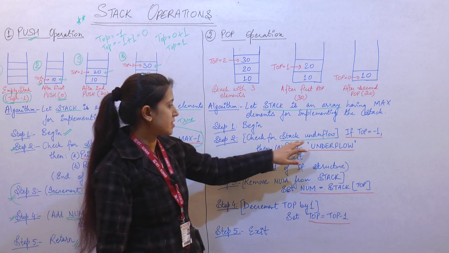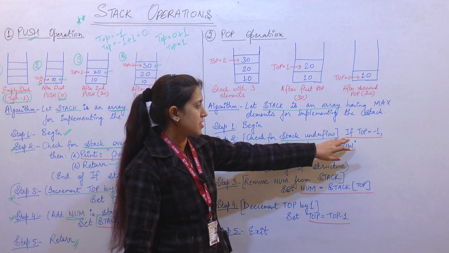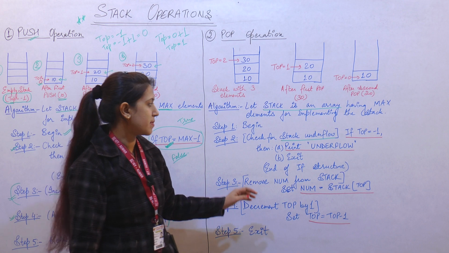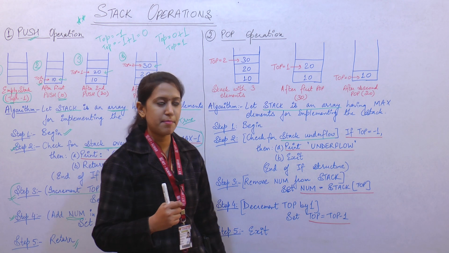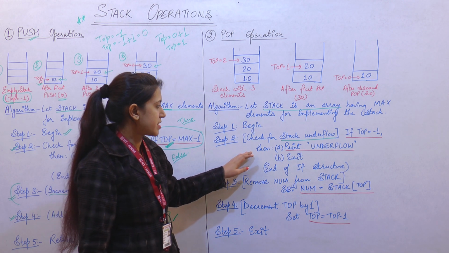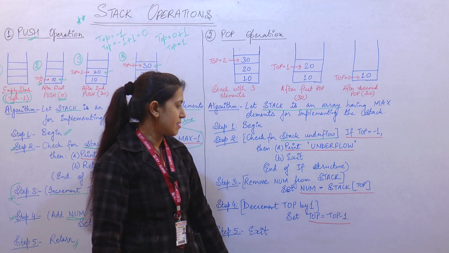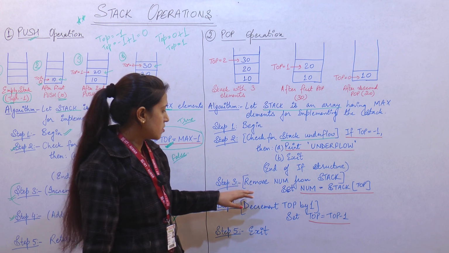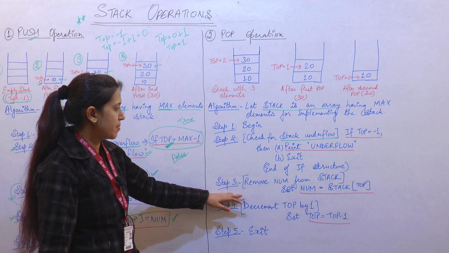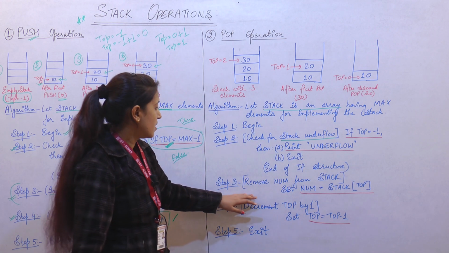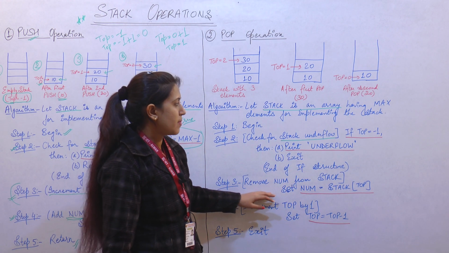But if this stack underflow condition, that is if top equals -1, gets false, it means our stack is not empty, and if the stack is not empty, we can easily delete an element from the stack. So the third step will get implemented if this condition gets false.